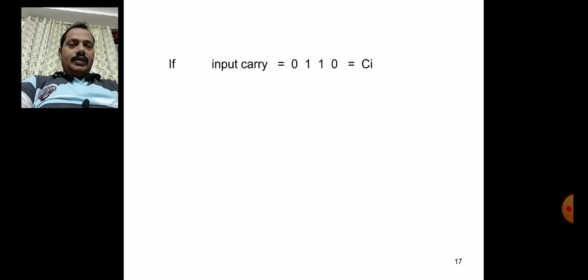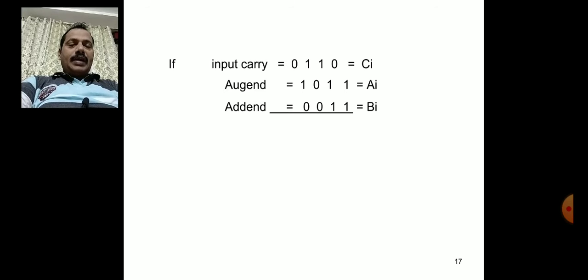So in the diagram we have seen, and with detailed explanation we have discussed these things. The inputs are 1011 and 0011. So the final sum is like this, and the final carry Cout is 0.